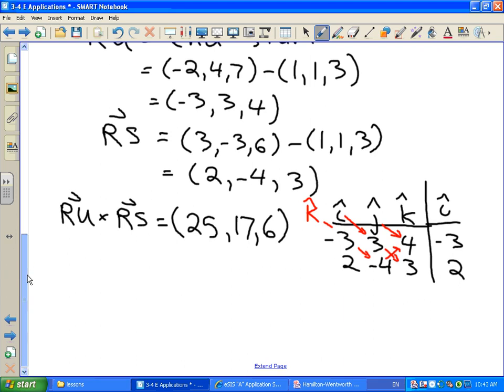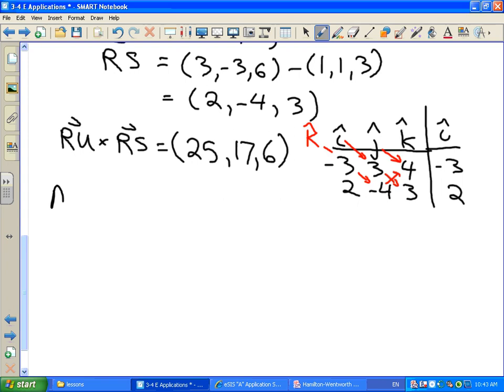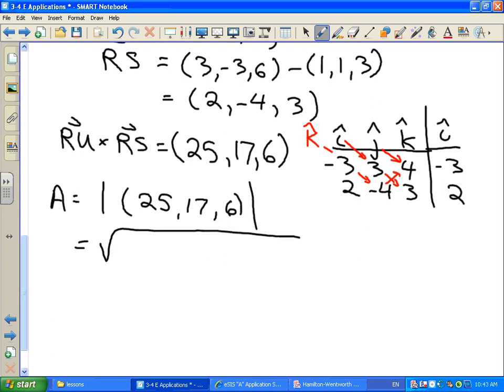Now what we want is the magnitude of that cross product. So we can just say that our area is going to be the magnitude of this vector 25, 17, 6, or the square root of 25 squared plus 17 squared plus 6 squared. And we can just punch this into our calculator here.